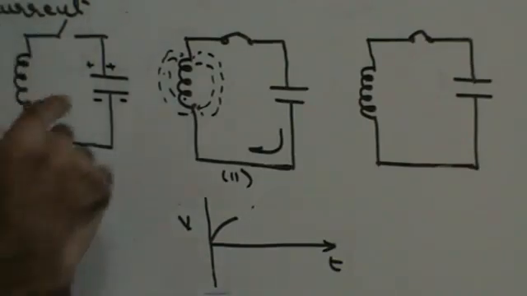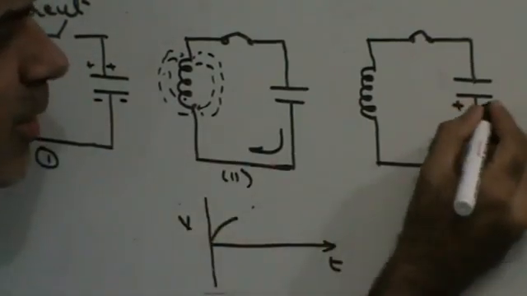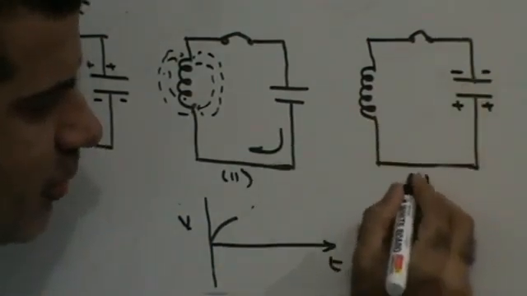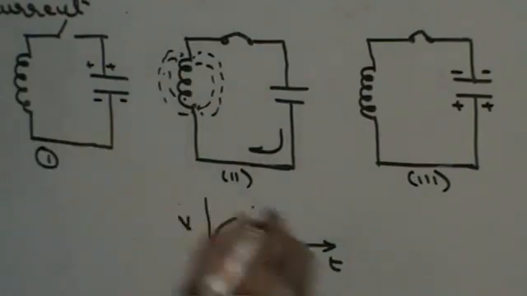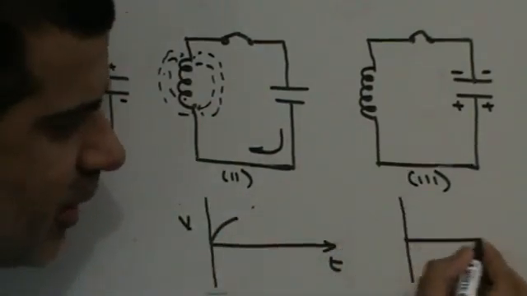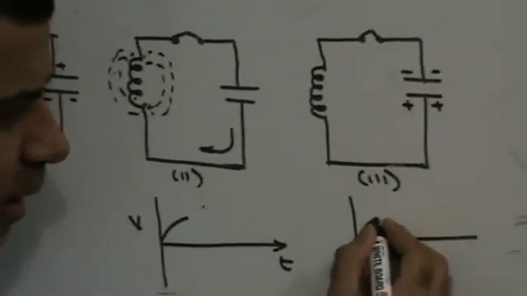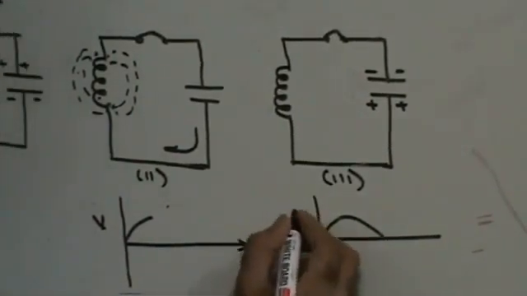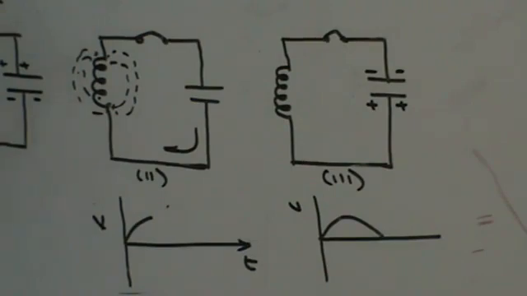The capacitor is now going to be charged in opposite direction, as a result of which the inductor charges the capacitor in opposite direction. So we already had a current like this. You will have voltage like this. So you would have positive cycle.